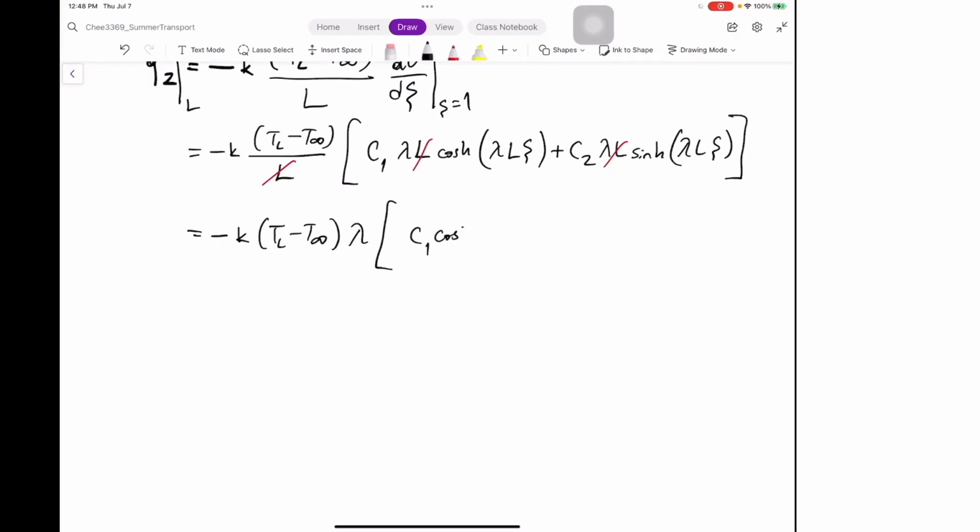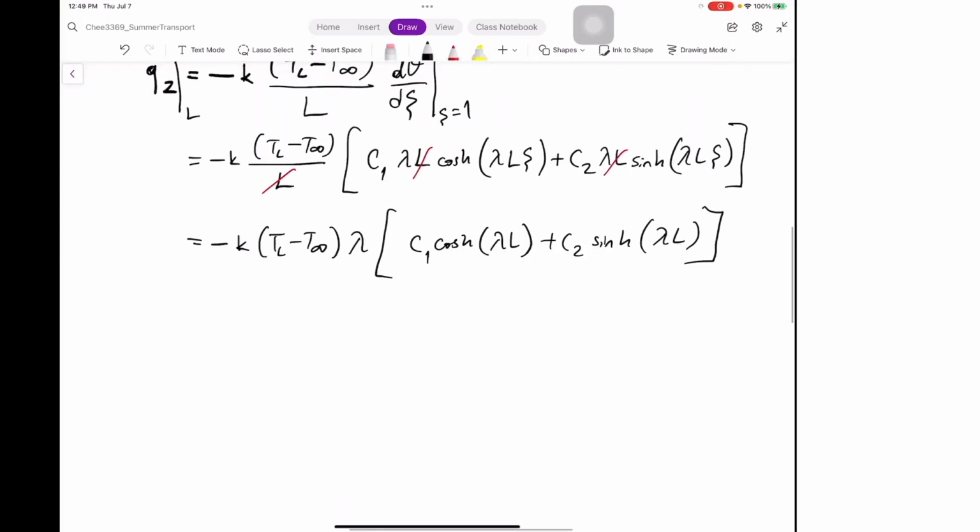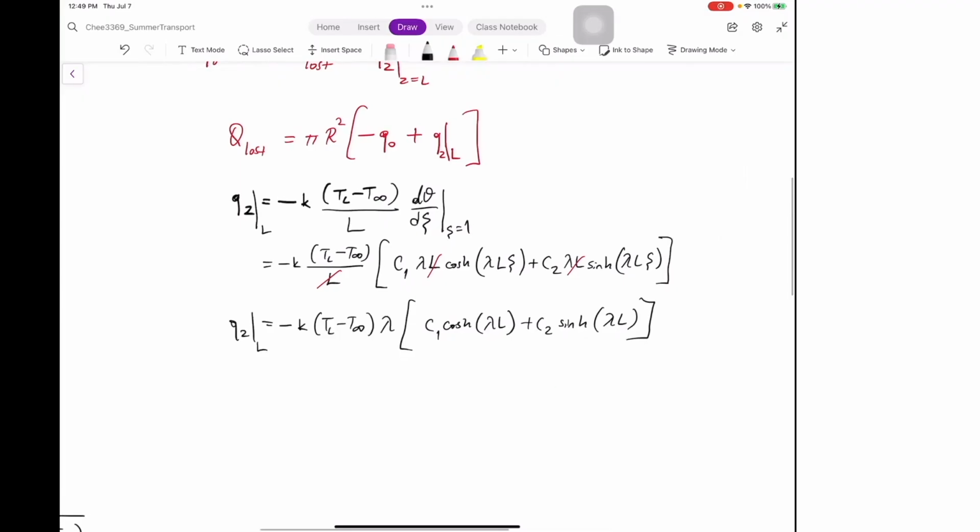C1 cosh(λL) + C2 sinh(λL). So that's Q_z at L. And then you plug in this formula.